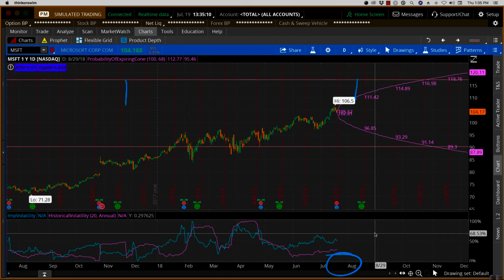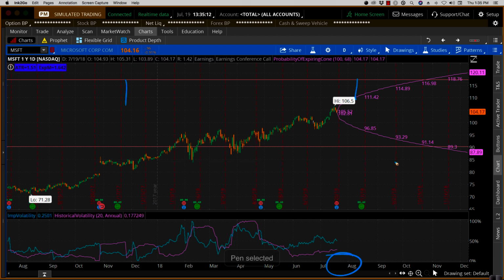And the general idea here is simple. I bet that Microsoft's going to go through earnings, and it's not going to go above 115, and it's not going to go down below 92.50. And as long as it stays in the middle, I will potentially make money on the drop in implied volatility. Now, there could be a surprise, and that might mean I have to do something to control the risk or hedge the bet.